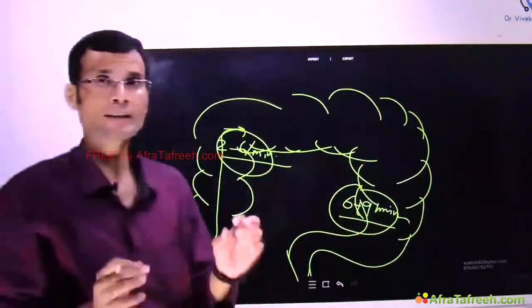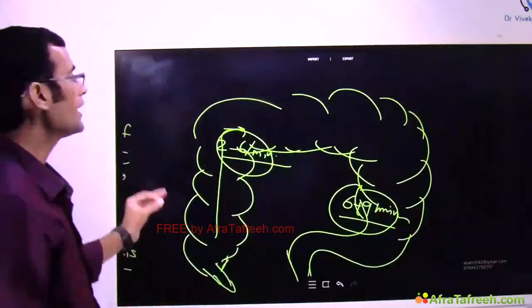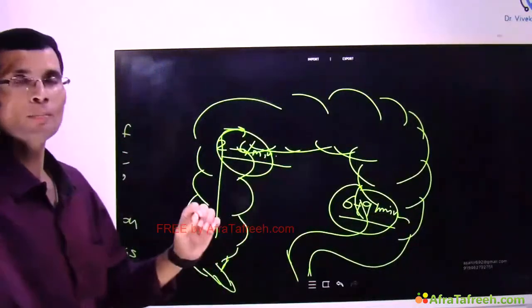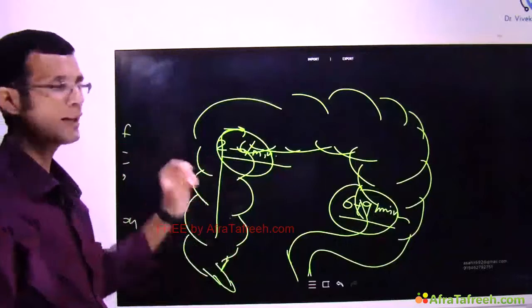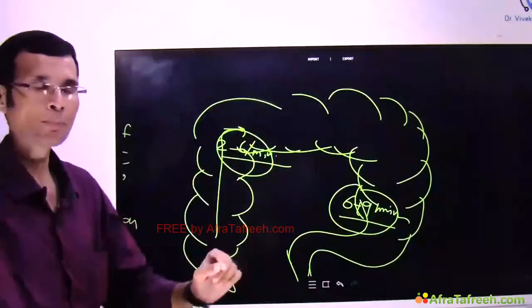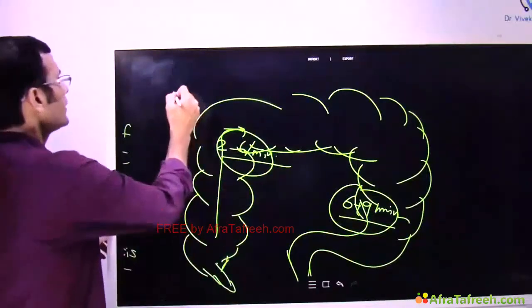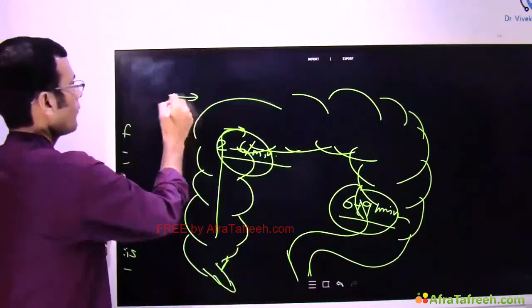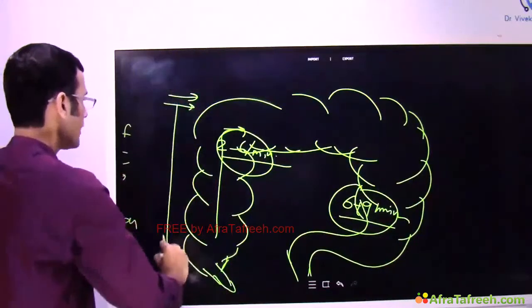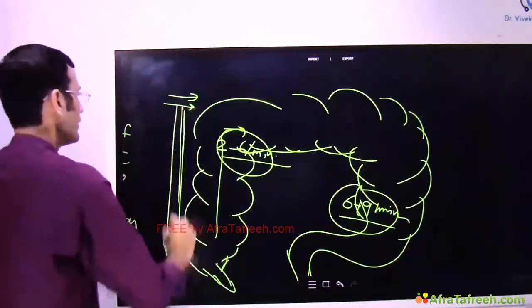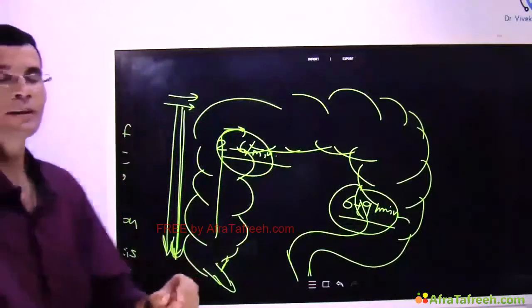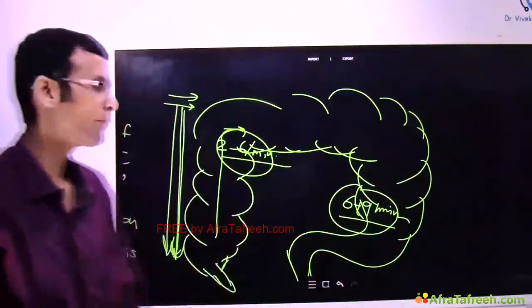This is responsible for the antiperistalsis. So remember, antiperistalsis is naturally seen in only one part of the digestive tract, and that is from the hepatic flexure of the colon to the cecum.